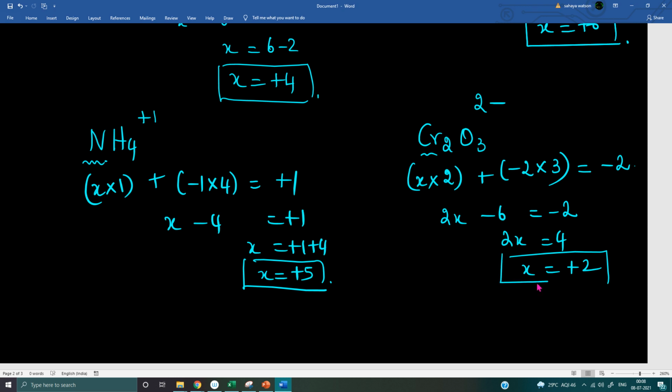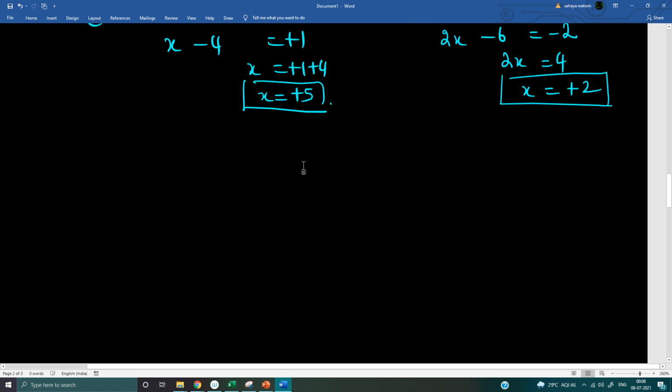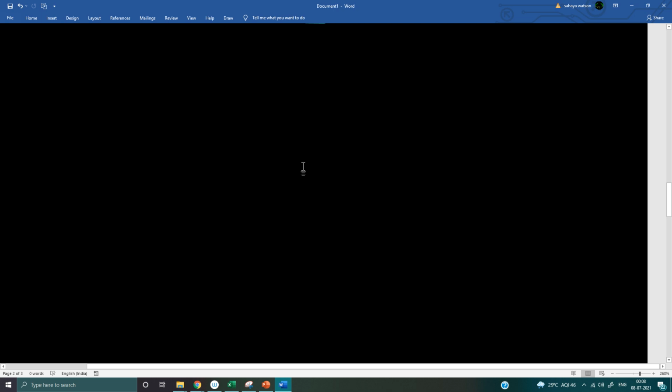So this is how to find the oxidation number of an element present in an ion. It is very simple. You have to add all the algebraic sums of their oxidation states and it must equal the charge over the complex.